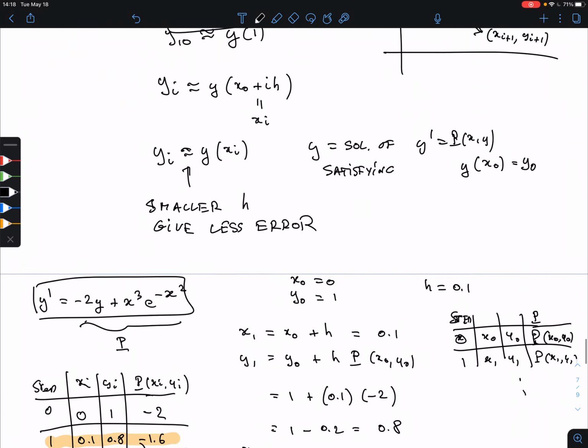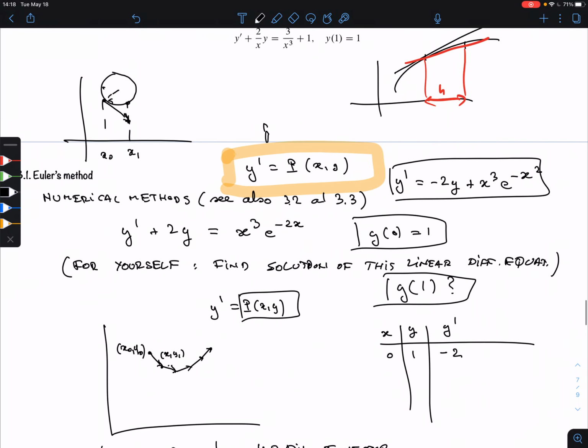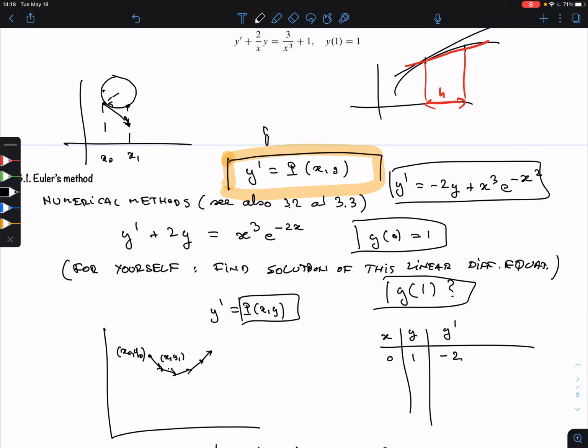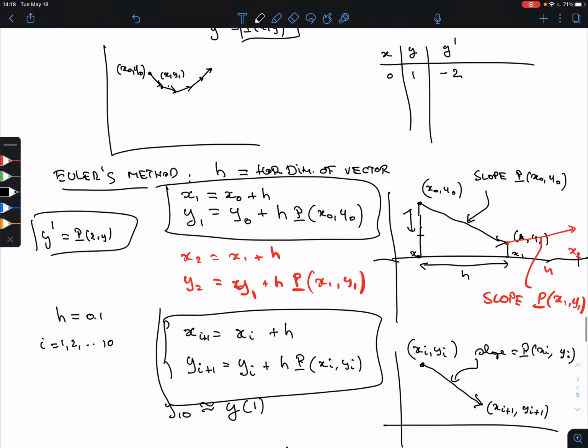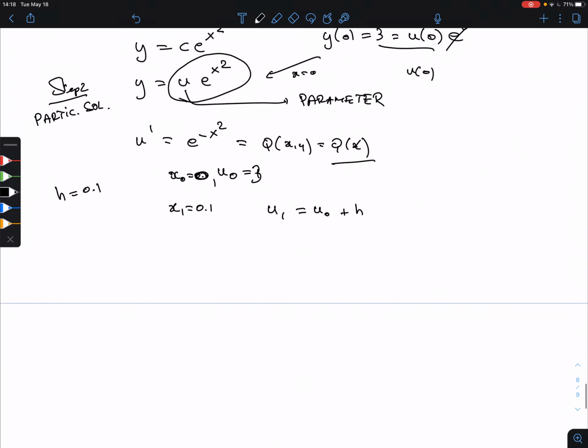function, right? Remember, when you apply the method, you have to write your linear differential equation as y prime equals some expression in x and y. It's this expression that you keep constantly using in the formulas. So in this case, the expression has become minus e to the minus x squared. So this is q(x) here.